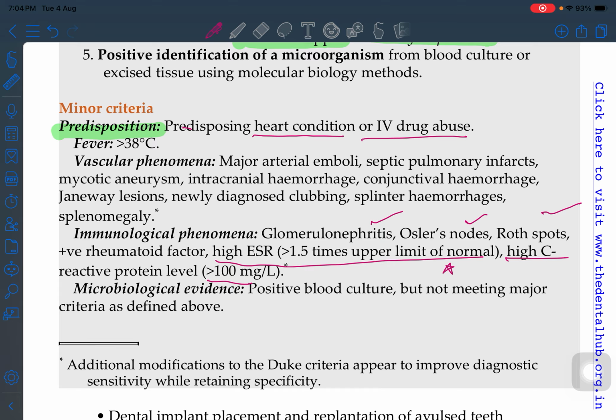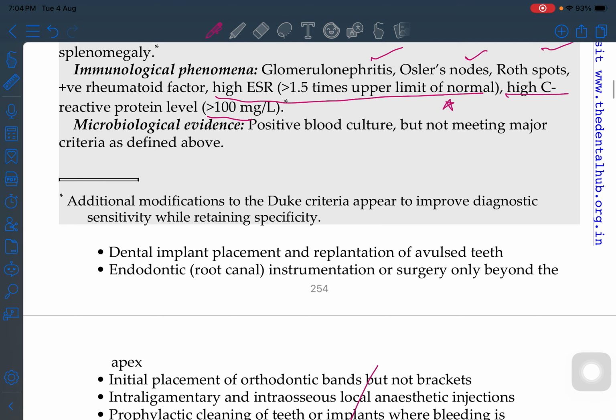If these things are present, then there is a major chance of IE. But these are the minor criteria. And the fifth is microbiological evidence, positive blood culture but not meeting major criteria as defined above. Additional modifications to the Duke criteria appear to improve diagnostic sensitivity while retaining specificity.